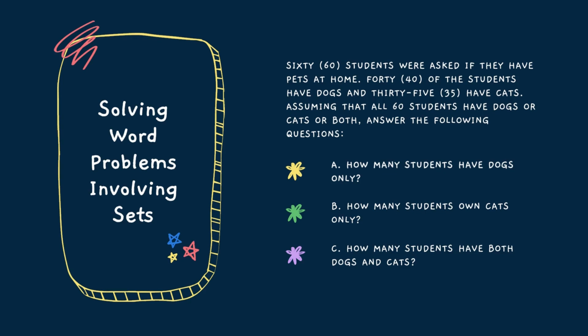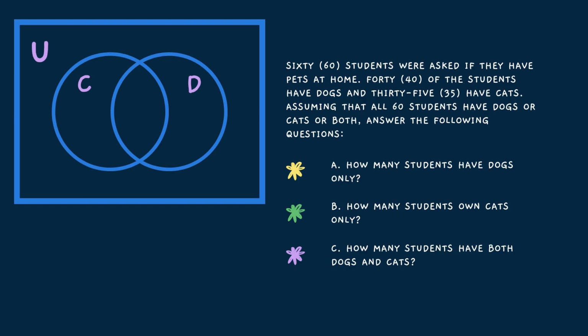Let's start with drawing the universal set. So in this universal set, let set C be the set of the students who have cats, while set D is the set of students who have dogs. Siyempre, intersecting yung dalawang sets na ito dahil may mga students na may alagang cats at the same time may alaga rin dogs.